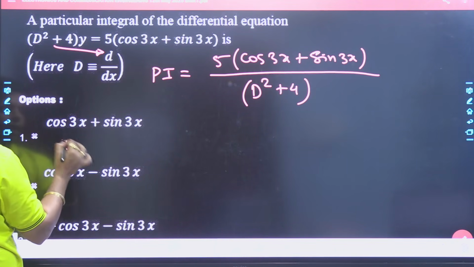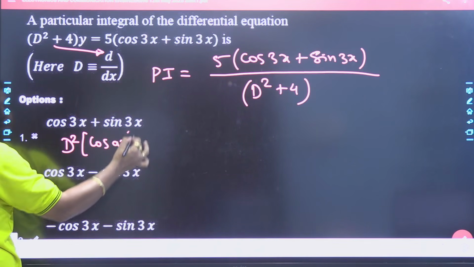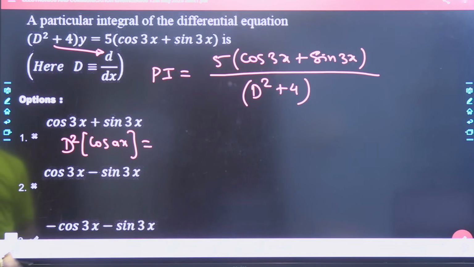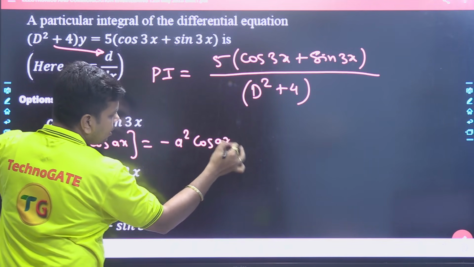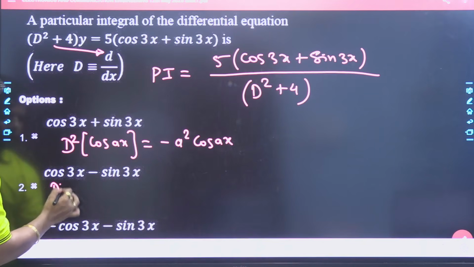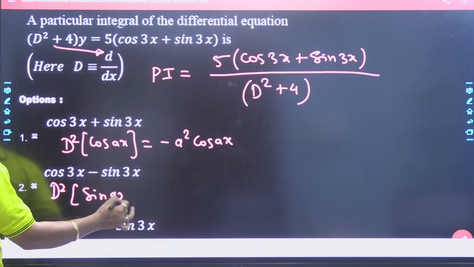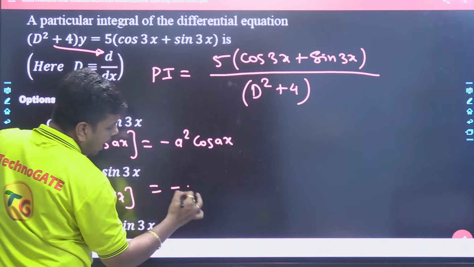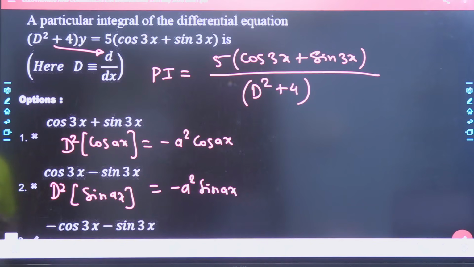If we are doing double differentiation of cos ax, just remember that one. Double differentiation of cos ax is what? Minus a square cos ax. And if we are doing double differentiation of sin ax, it's simply minus a square sin ax. Okay, just remember that point.